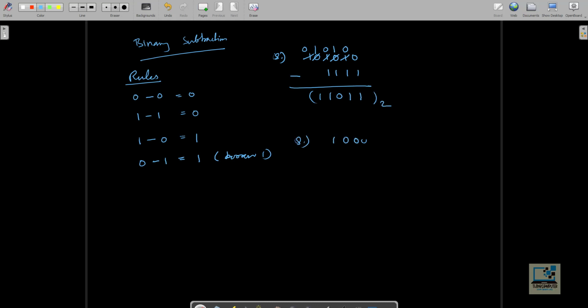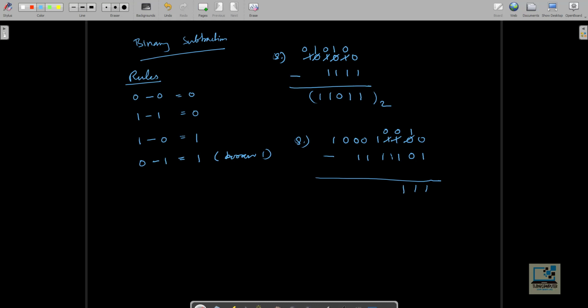1 0 0 0 0 1 1 1 0 0 and subtracting from it 1 0 1. 0 minus 1 we have to borrow. So borrow from the first one which is available, make the middle 0 1 if there is any middle 0. Then 1 minus 0 is 1, 0 minus 1 again we have to borrow, make this 1 0 and borrow from there.